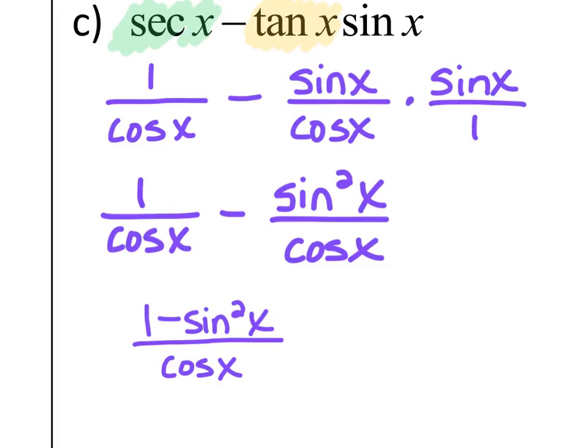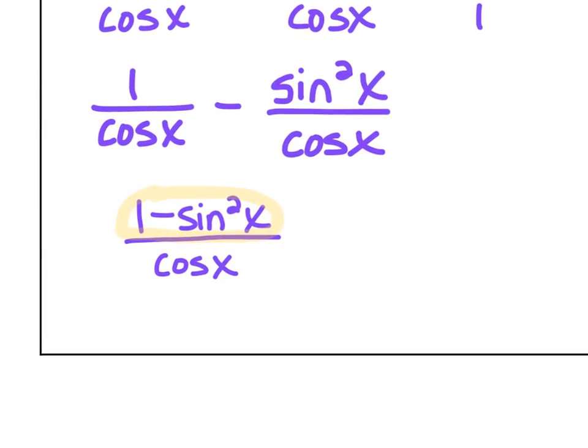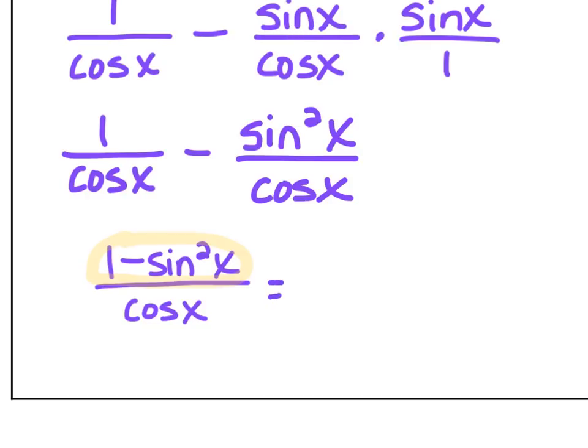And at this point now, my numerator is one of the Pythagorean identities. Sine squared of x plus cosine squared of x equals 1. If I subtract sine squared of x from both sides of that expression, then I end up with cosine squared of x.